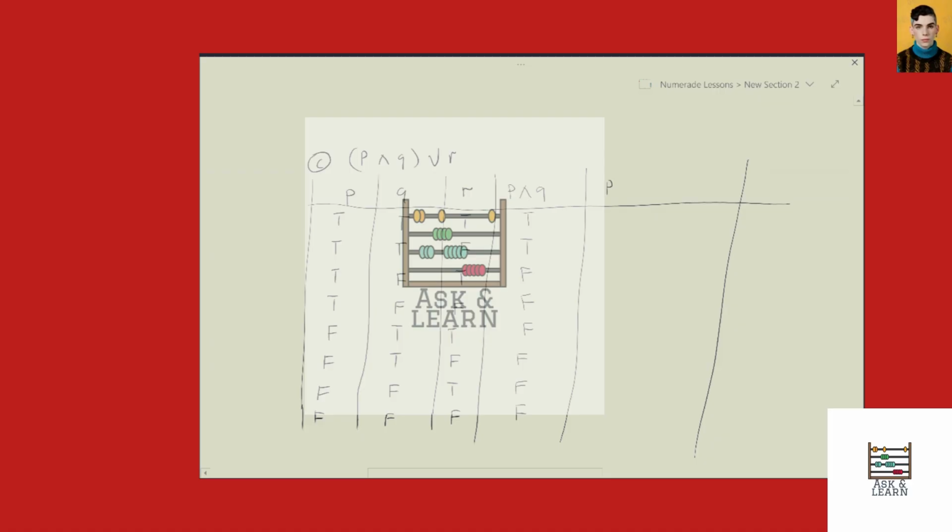So let's pair that one with P and Q or R. Looking at them, this is true when at least one of this or that is true. So here all of them are true. Here the R is true.